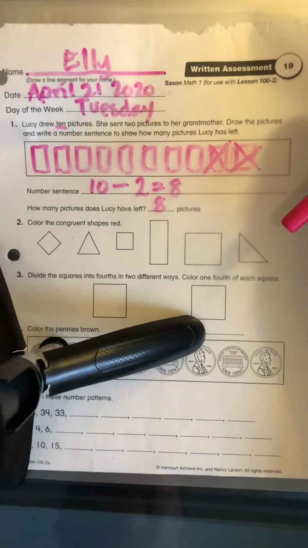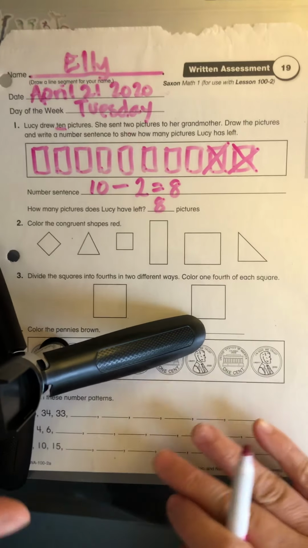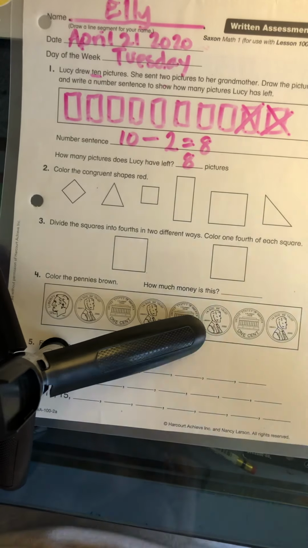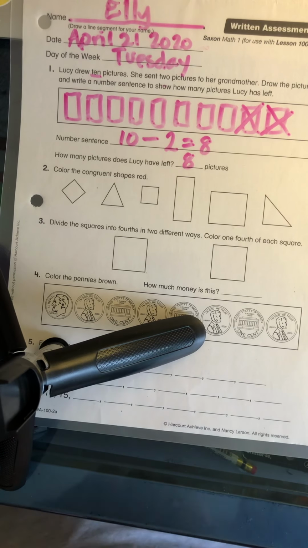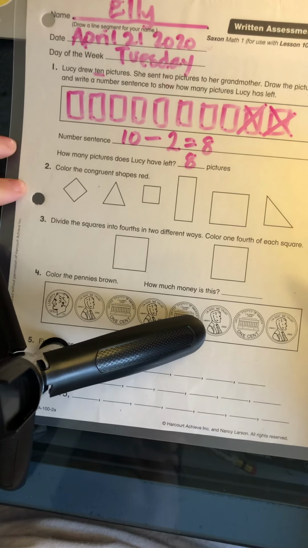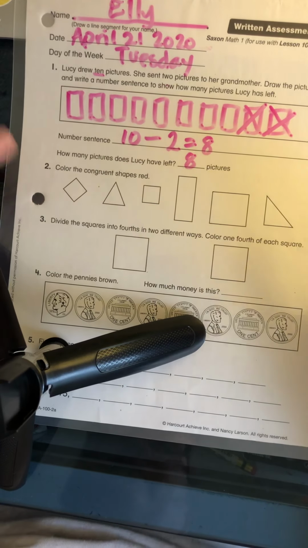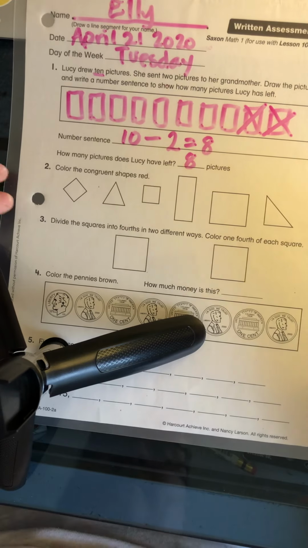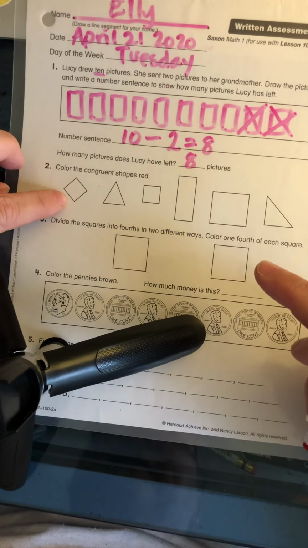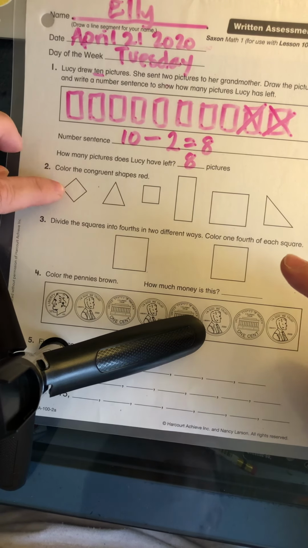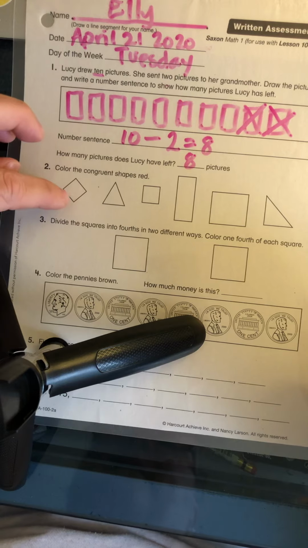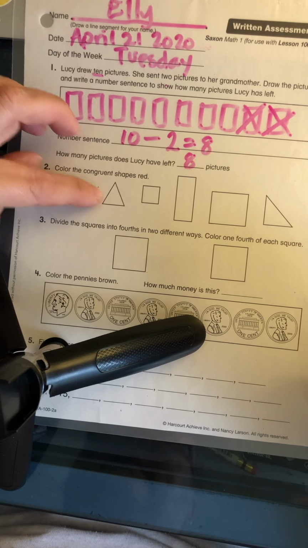Let's move on to part 2. Color the congruent shapes red. Do we all remember what congruent means? Congruent means the same shape and size. So if we look at this little diamond, it could also be a square, right? So is it the same as this one?